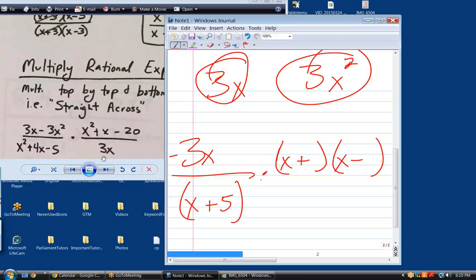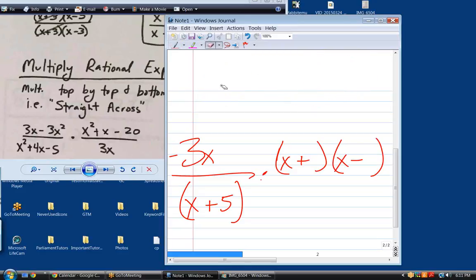Why can't I think? 20 and 1. Do those subtract to the number 1? Oh, no. Let's see. 10 and 2 do not? Okay, let me give you a little trick here. When you're trying to factor something, start out with that.